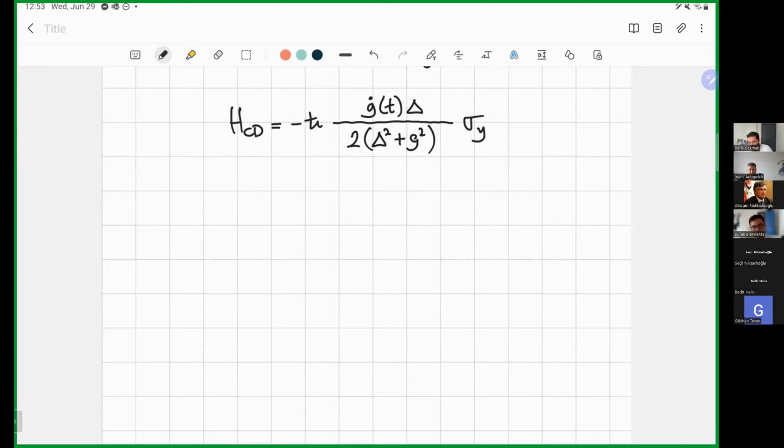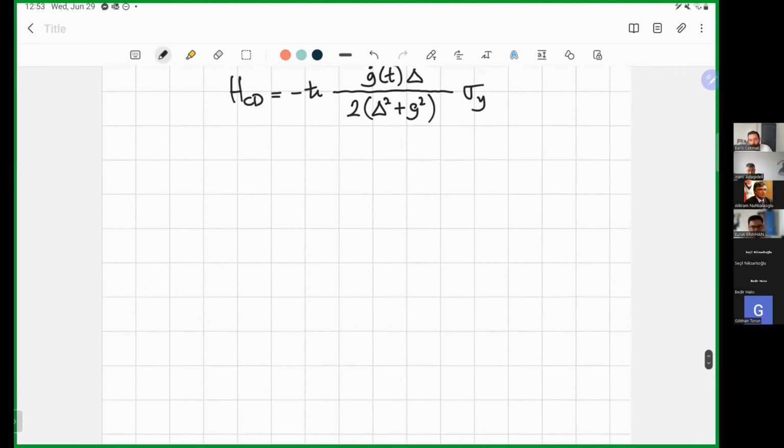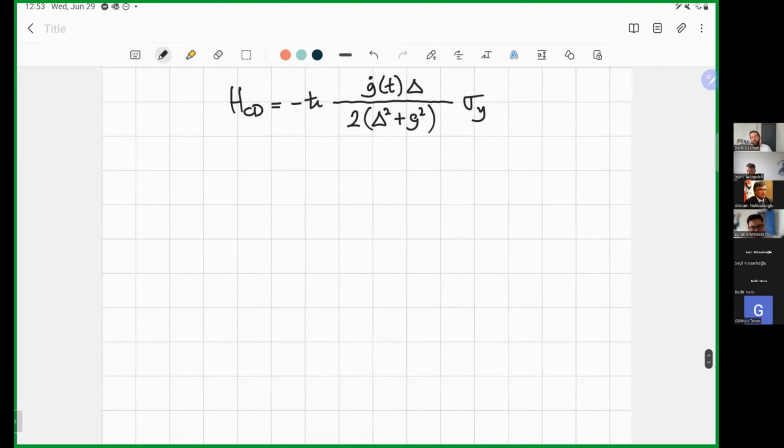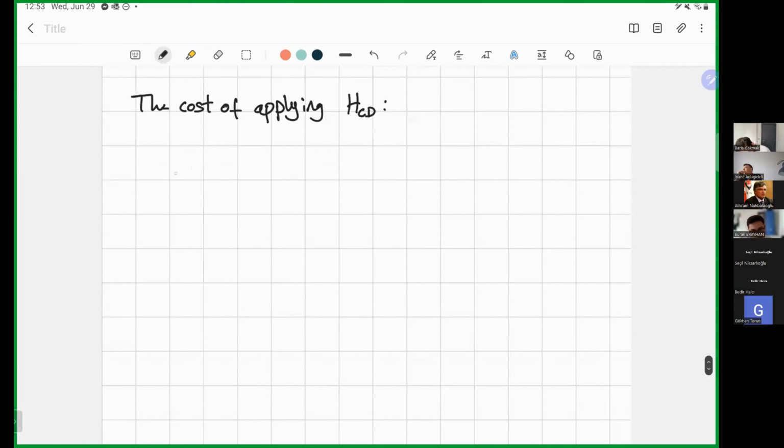But one, and probably the most famous one, is looking at the norm of the Hamiltonian. So the cost of applying H_CD. Let's denote it by, let's say, C.